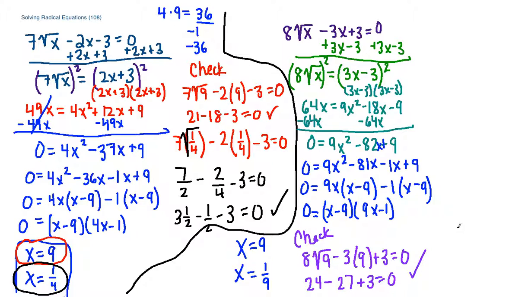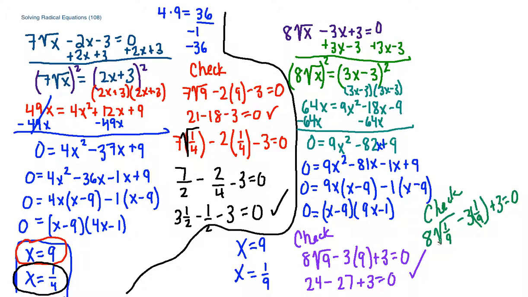Let me try the other one and check the other one. So I now have 8 times the square root of 1/9 minus 3 times 1/9 plus 3 equals 0. Does this work?